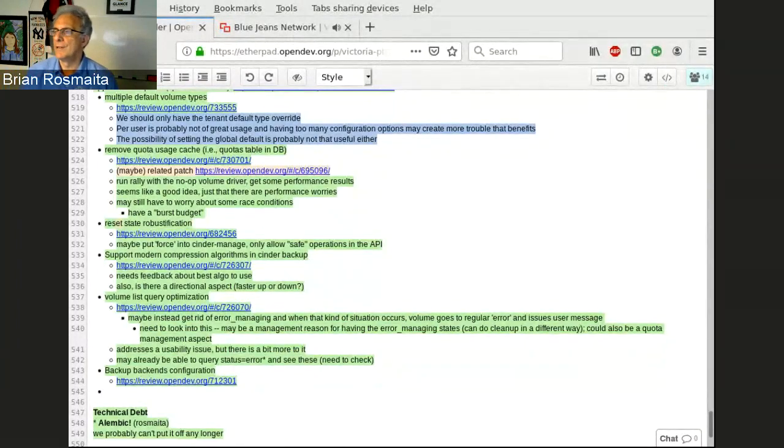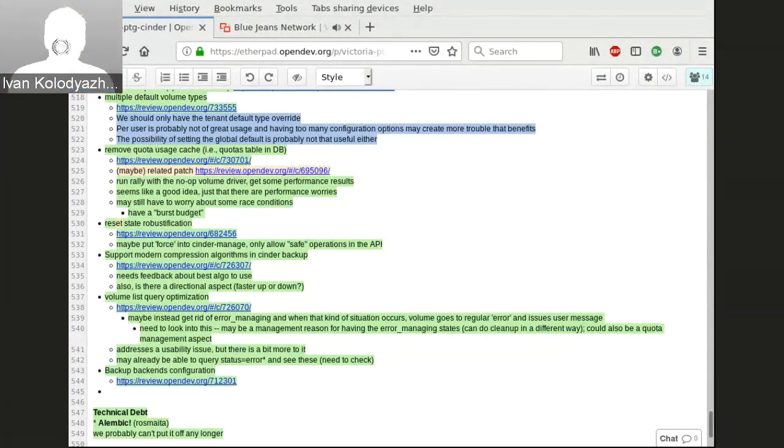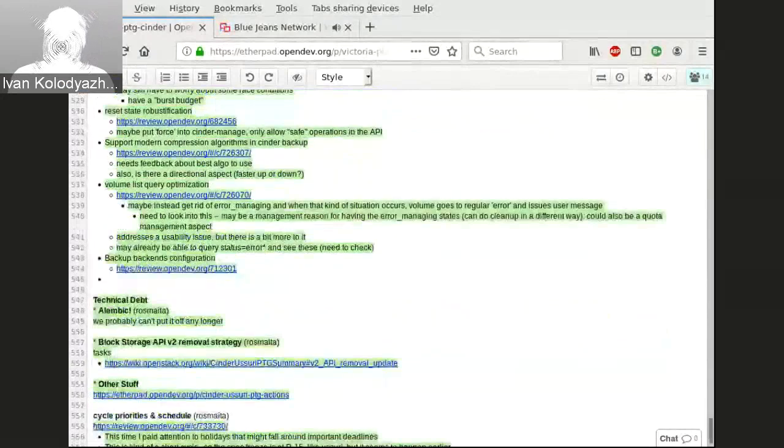Oh, I see. Okay. There is a working patch with code. I can find a link. That patch does not pass CI for all chairs, but you can see how it will be.